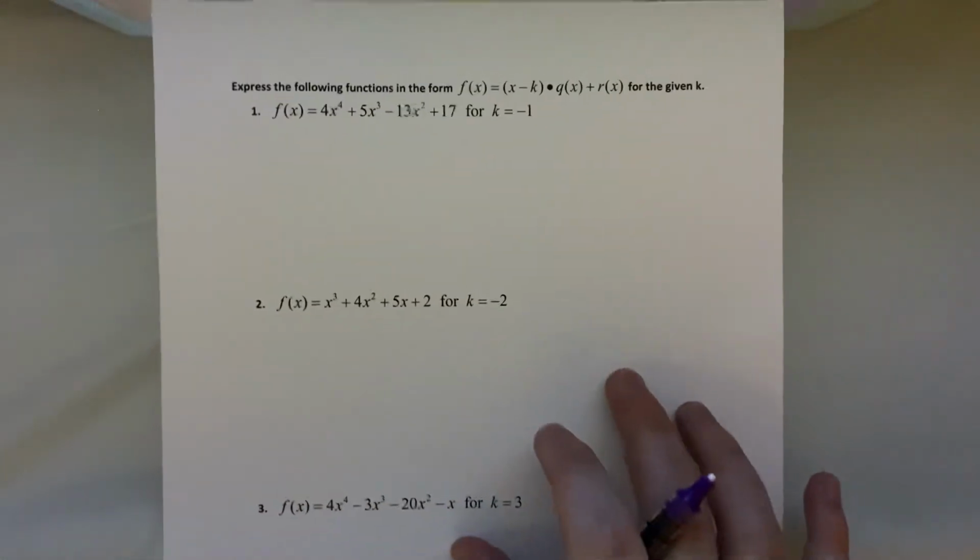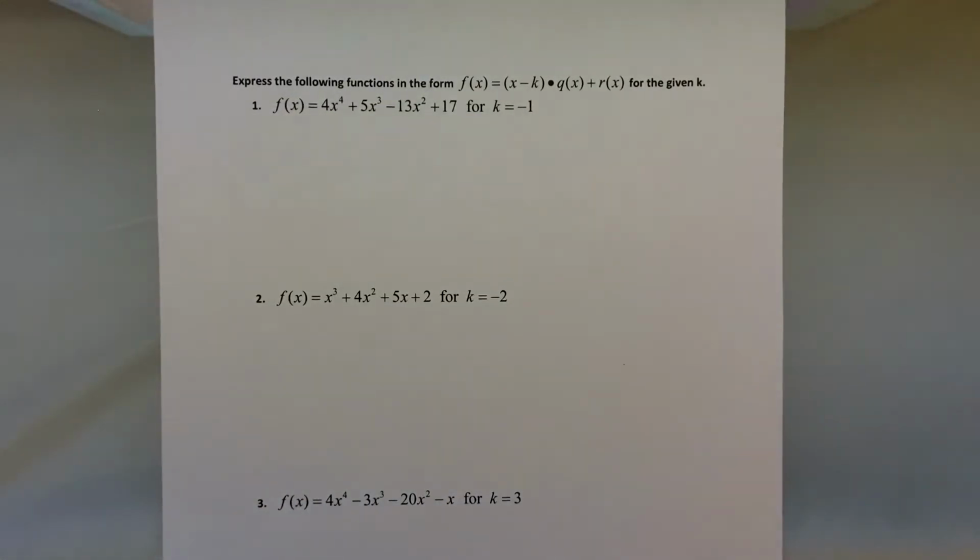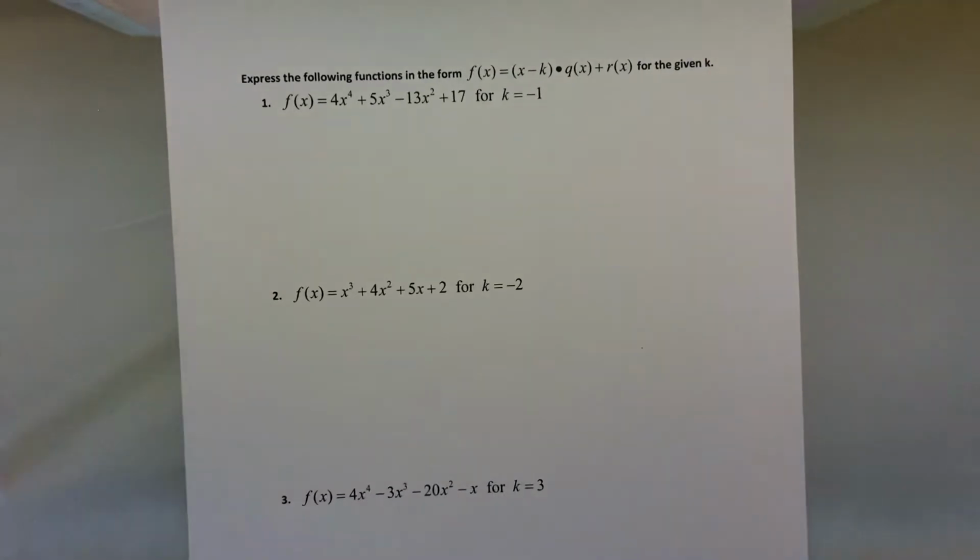So now we'll practice doing it in that other form that we talked about on the front page. Express the following functions in the form x minus k times q of x plus r of x for the given k. So this is when you're going to use the other form, not dividing, but you'll write it in what you divide by form times your answer plus your remainder.